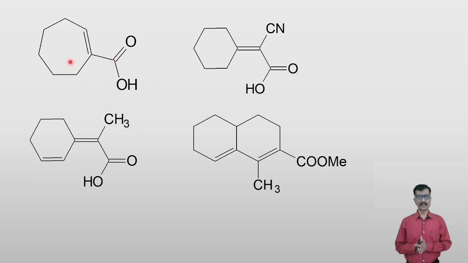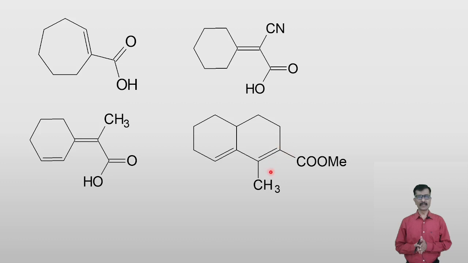Okay, so the parent value for this is here. If you look at this, it is C double bond O OR. So this is an ester, and from this carbon, this one is alpha, this one is beta. Alpha is substituted with 1 ring residue, beta is substituted with 1 ring residue as well as an alkyl group.